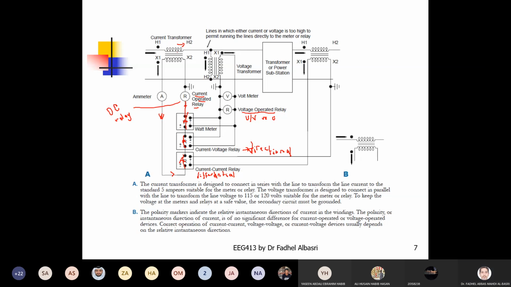For this relay to know whether this is a low voltage or a high voltage, higher than the rated, it just monitors the voltage here, and based on that it determines whether this is a low voltage or a high voltage at that moment.